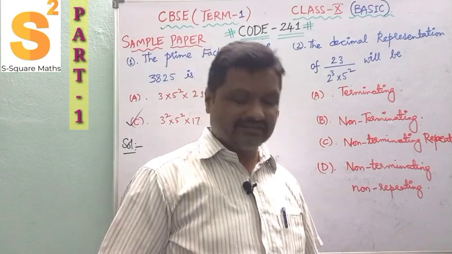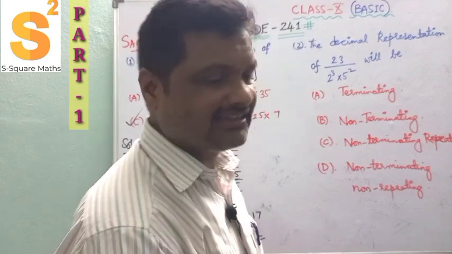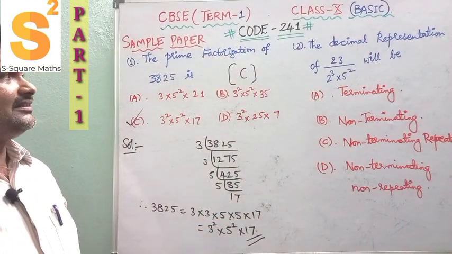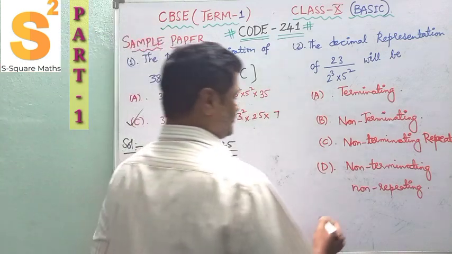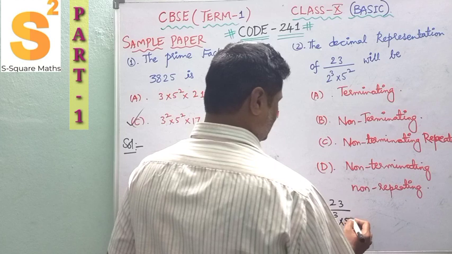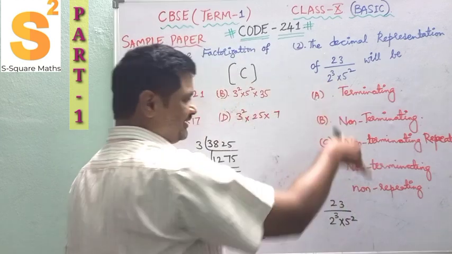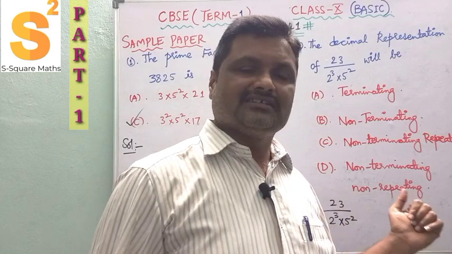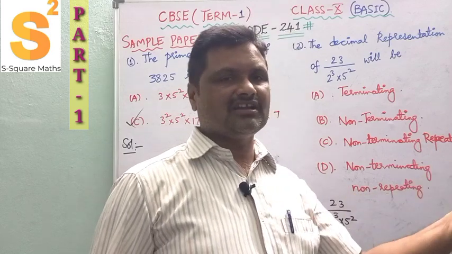You had to check which it is. Here we have 23 by 2 cube into 5 square. By seeing the MCQ, they did not ask to determine the decimal value, just whether it is terminating or non-terminating.